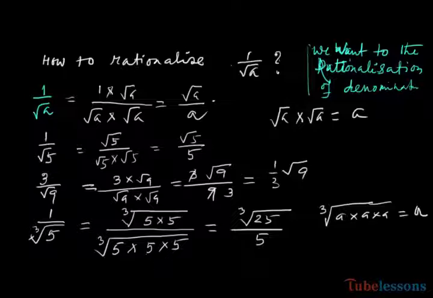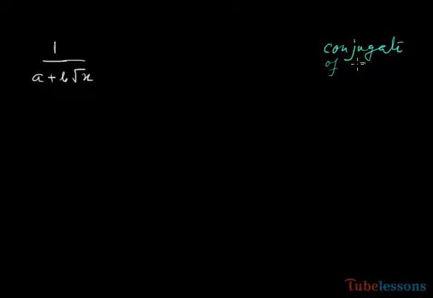Next type is if it is in the form 1 by a plus b into root x. Naturally, we find its conjugate. The conjugate of a plus b root x is a minus b root x.